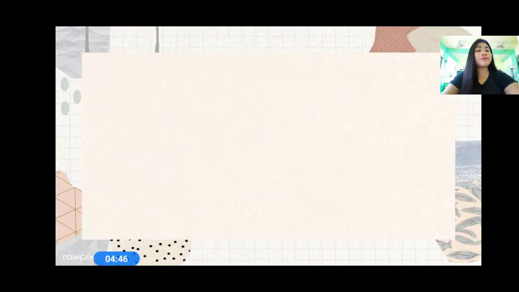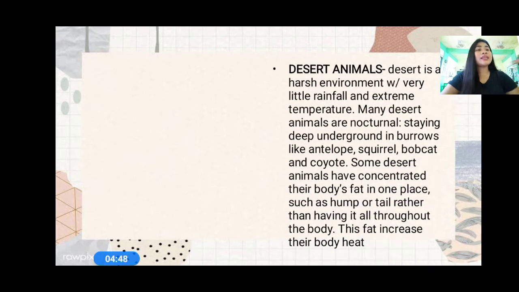And then let's have the second one, the desert animals. So remember that desert is a harsh environment with very little rainfall and extreme temperature. Now many desert animals are nocturnal. Teacher, what is nocturnal?